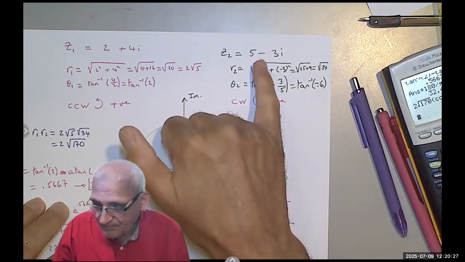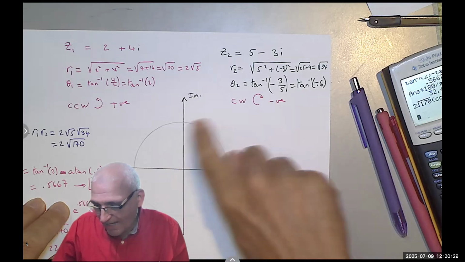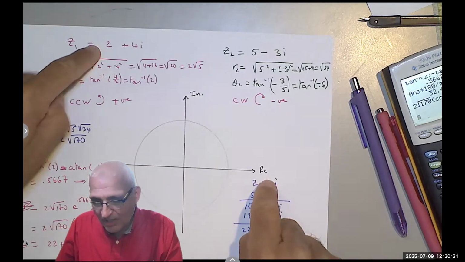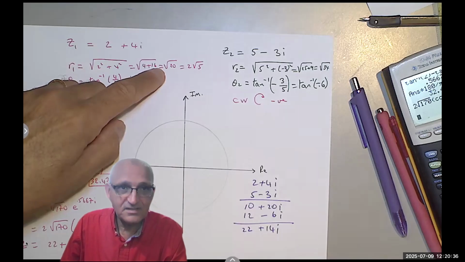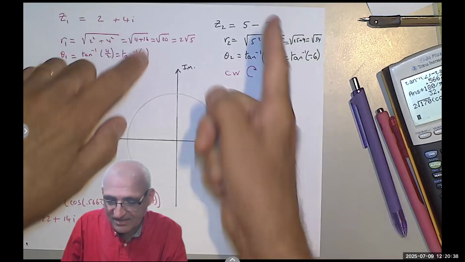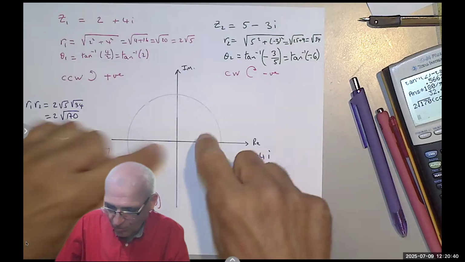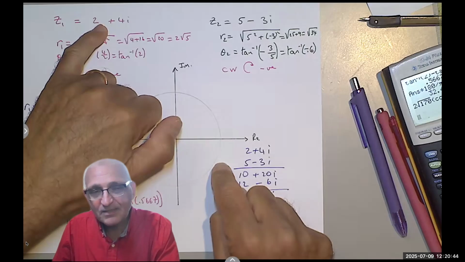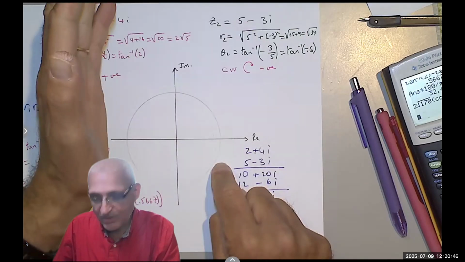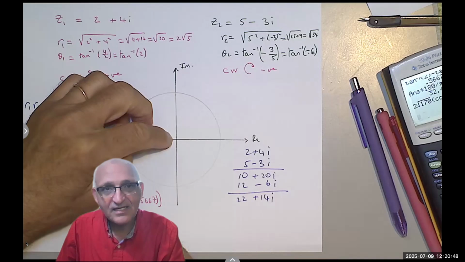And then I went clockwise and I divided, so I got clockwise again. If you divide this by that, you already went clockwise in the fourth quadrant. When we multiplied, we added the angle. When we divide, we subtract the angle.